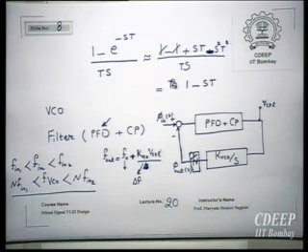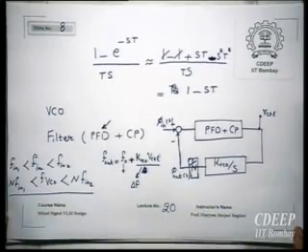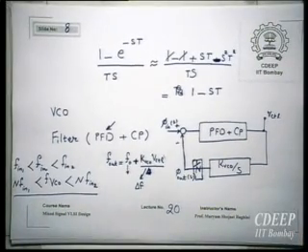Oh, you mean capture time? Locking time will be determined by the bandwidth of the filter, right? That itself again depends on the bandwidth of the filter. No, overall it will depend on my loop gain. After all, it will depend on my zeta omega n. Zeta omega n is a function of my loop gain and filter cutoff frequency, right?